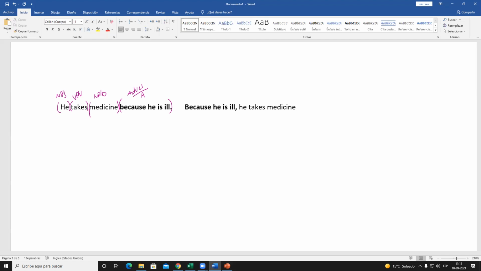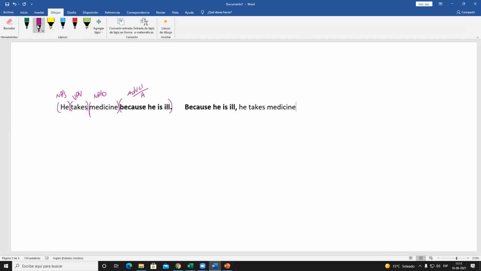Como dije, adverb clause, adentro hay frases. Rápidamente, because es la subordinating conjunction, he es la noun phrase subject, is es la verb phrase verb, ill es la adjective phrase, adverbial, adjective head.